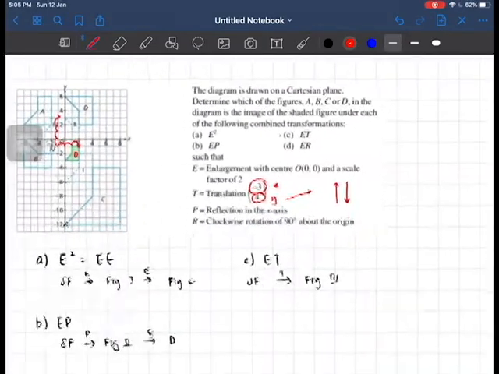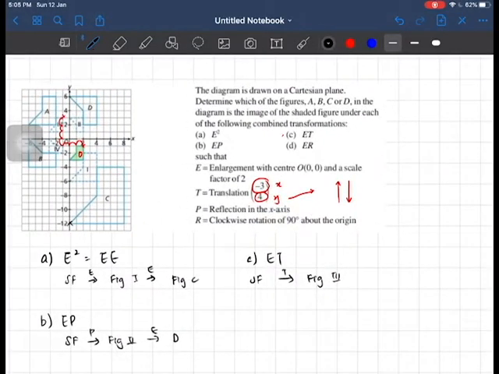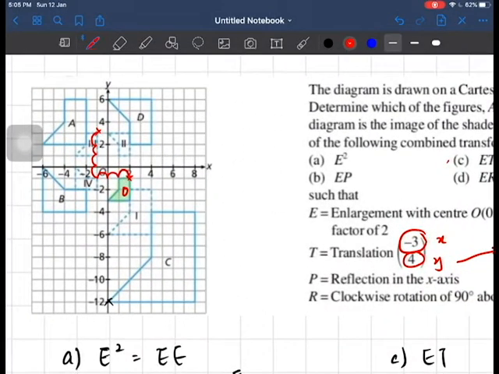Yeah. So okay, we'll go back to this, and the next one is E. So right now I'm at negative 1, 3, and I'll multiply that by 2, and I get negative 2, 6.